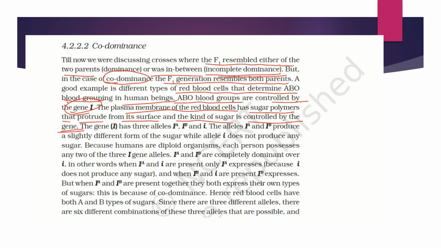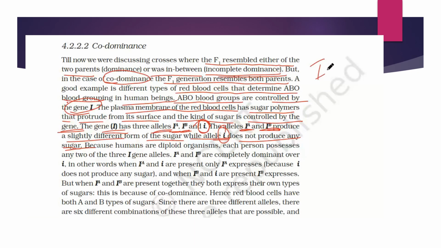The gene I has three alleles: IA, IB and small i. The alleles IA and IB produce slightly different forms of sugar, while allele i does not produce any sugar.